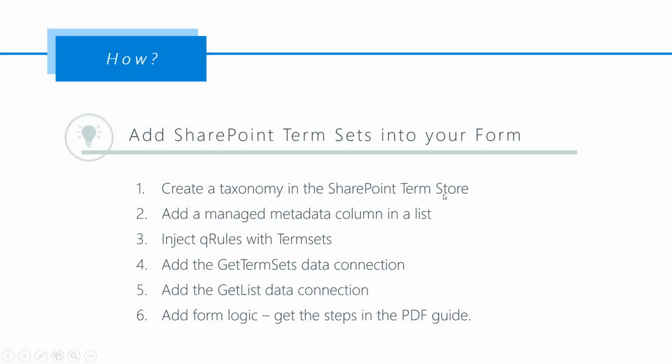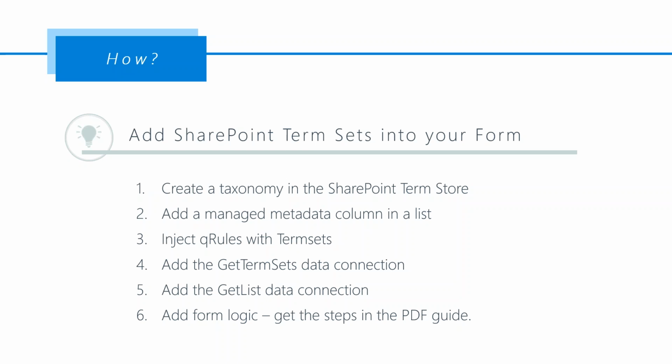So how can you add the SharePoint term sets into your form? First, you need to create a taxonomy in the SharePoint term store. And this requires some planning because you really need to carefully think of what term sets you're going to use for your documents. So it needs a little bit of planning.